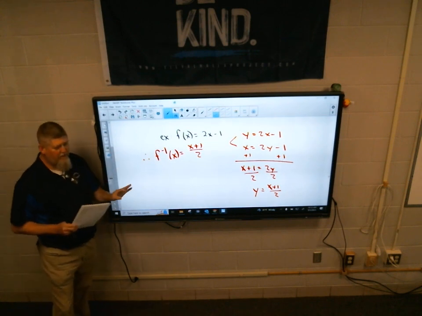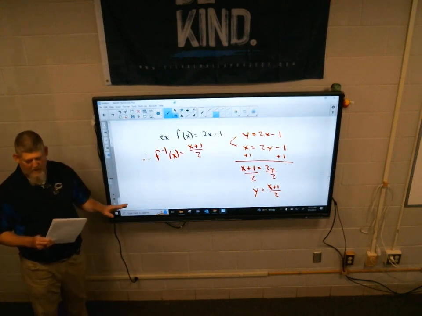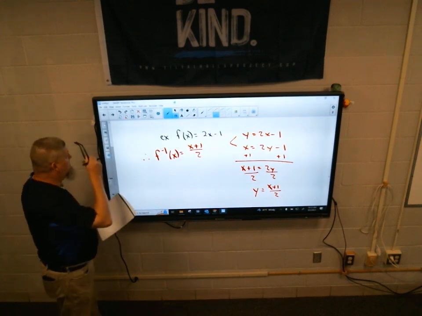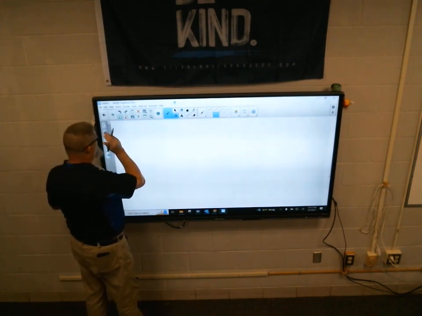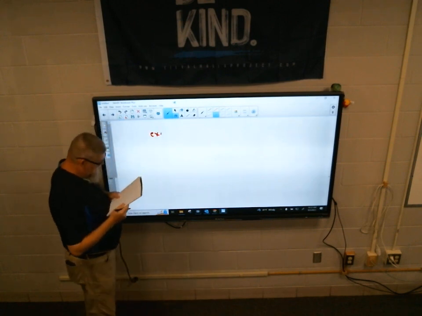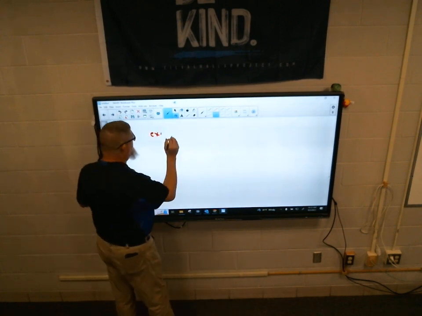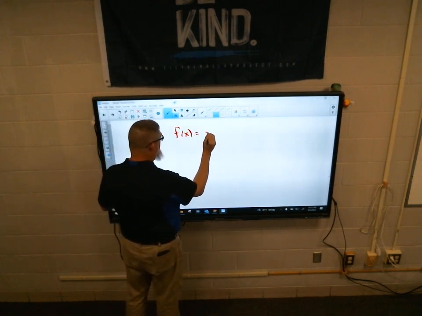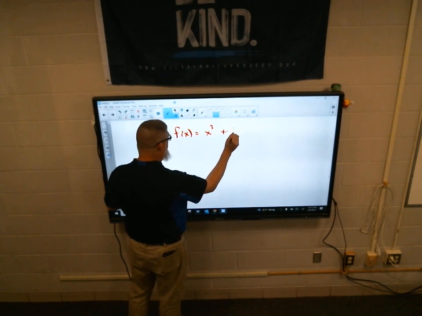Okay, we did this with a linear function. Linear is very, very simplistic. Let's do it with a couple other functions that aren't as easy. Okay? So, another example. Let's do f of x equals x cubed plus 1.